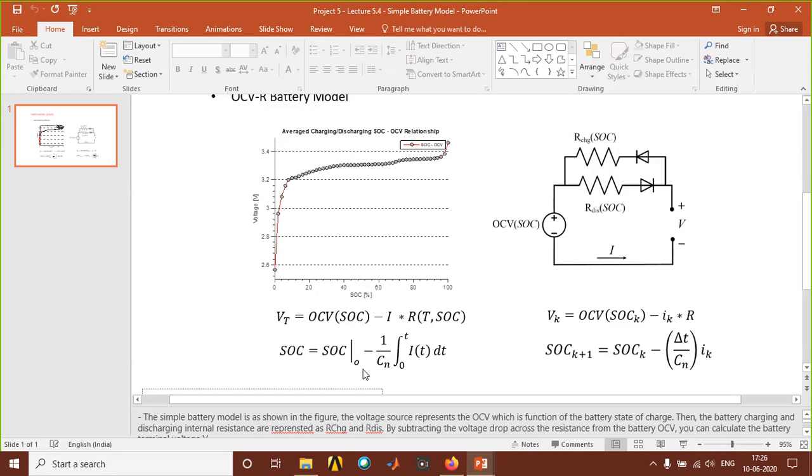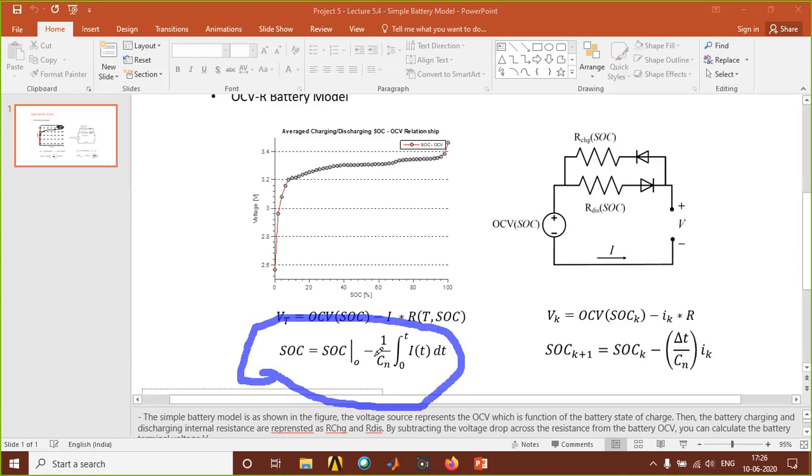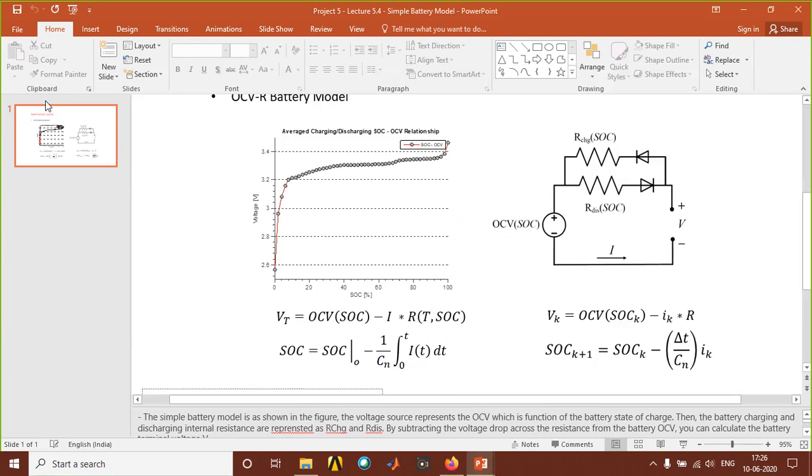So now what I'm going to do is, first I'm going to calculate this SOC. I'm going to put this SOC in the terminal voltage formula. From that, I'm going to measure the voltage. So this is what I'm going to do. I'm going to give input current. I'm going to measure the output voltage, as we exactly do on practical systems. So let me start.